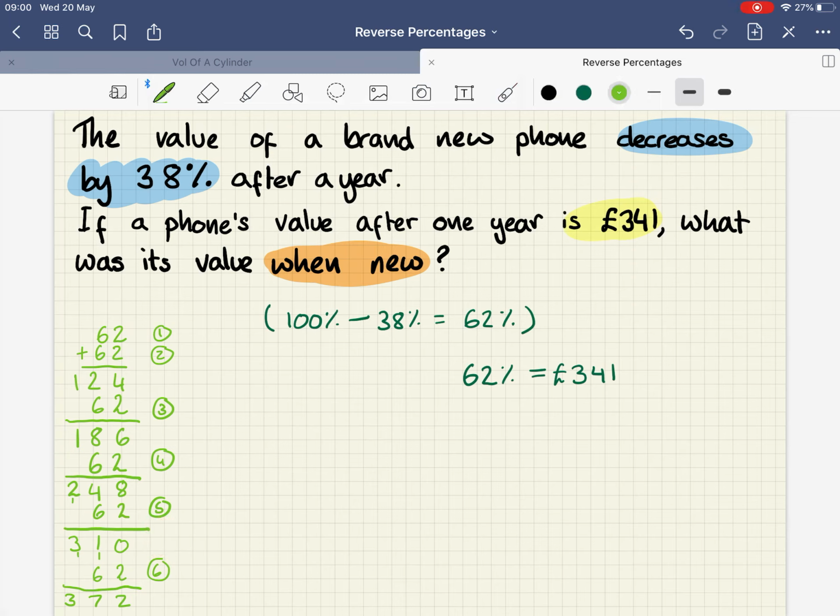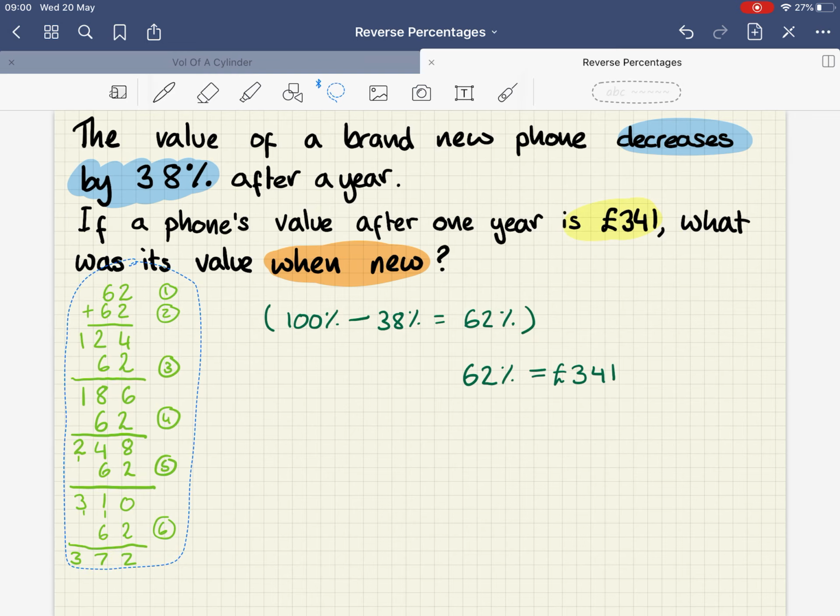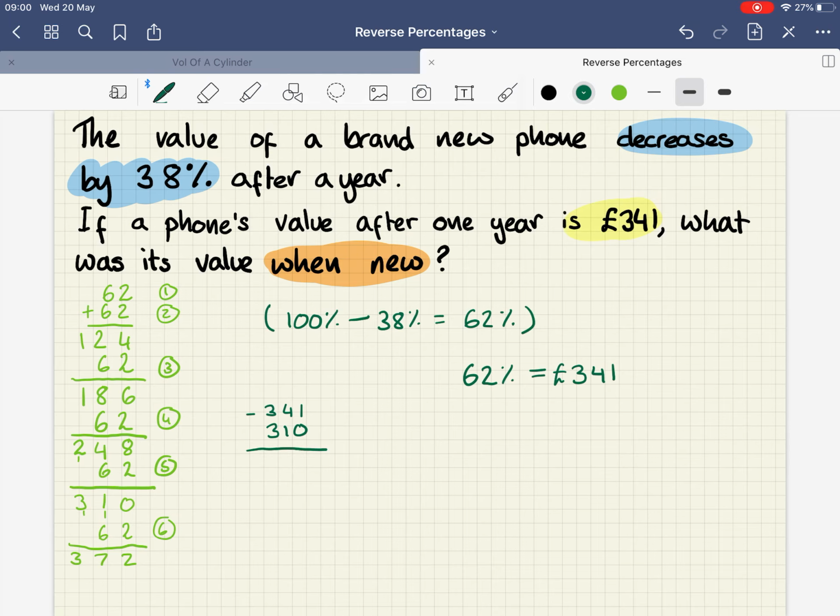So what I'm going to do quickly, I'm just going to move this up quickly. So I want to be in between that 5 and the 6. And generally, 9 times out of 10, I'm wanting half of what I have. So if I look quickly at that 310, if I take that away from 341, what I'm going to find that I'm left with is 31.